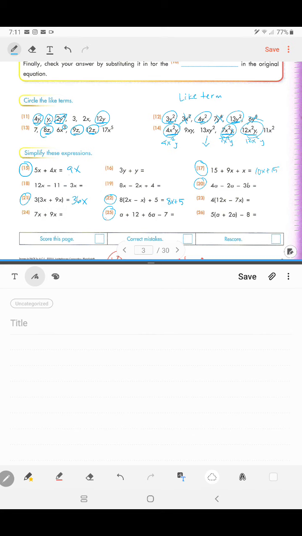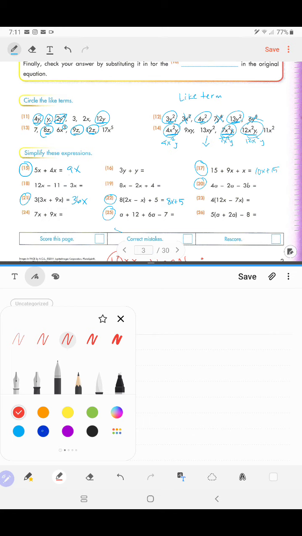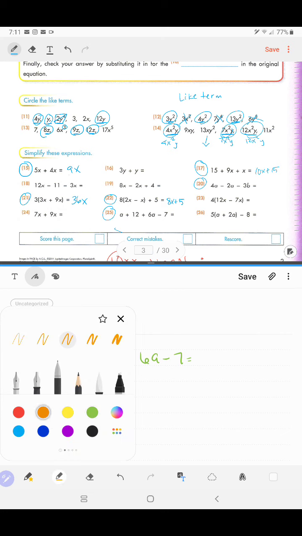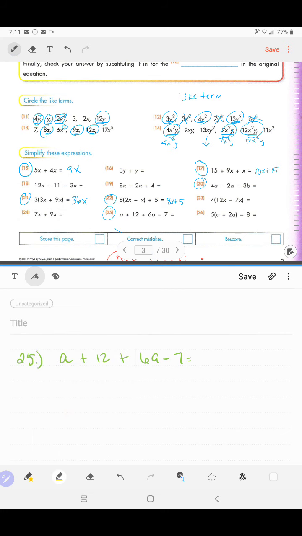Okay, so number 25. I'm doing one of each type, so that's why I'm jumping around. So 25 is A plus 12 plus 6A minus 7. So for this one, you have to just put together like terms.